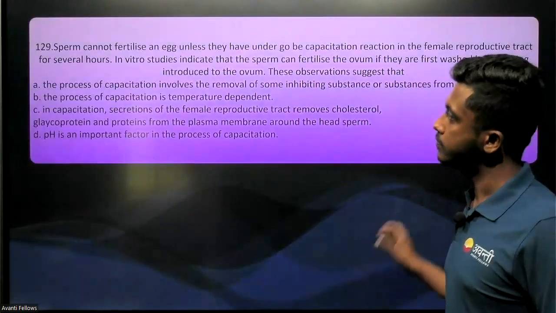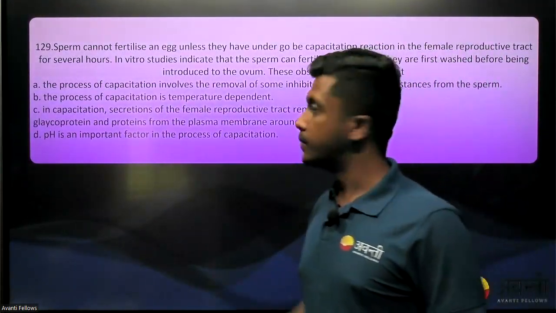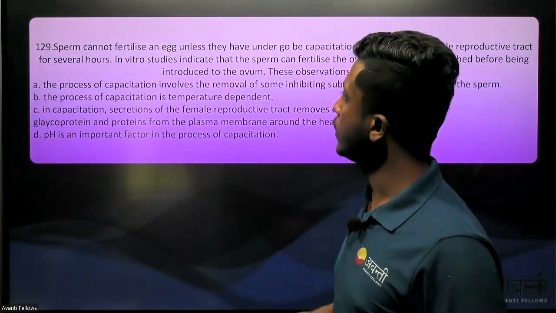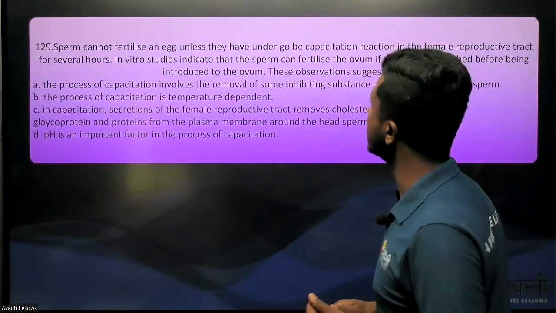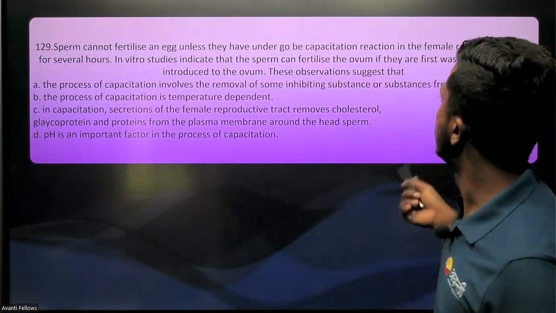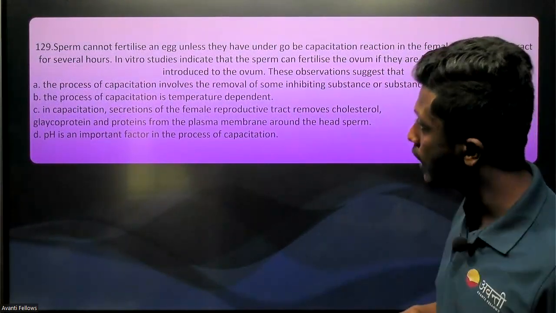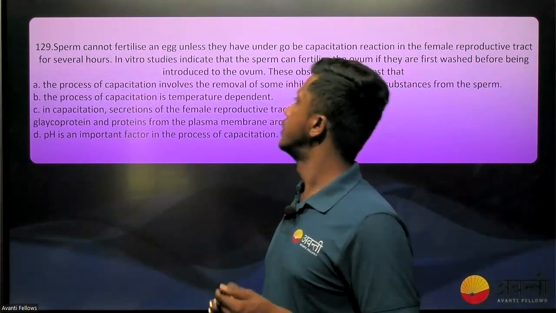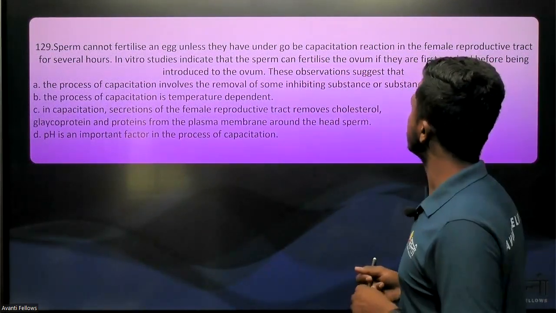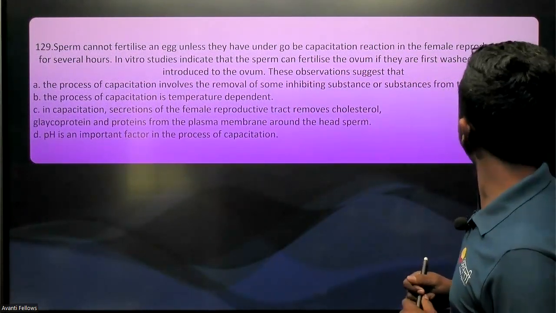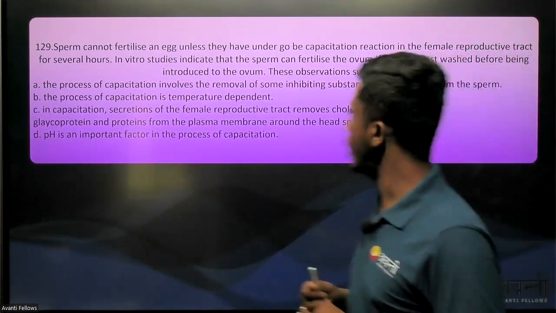Next question. We have a lot of statements to read. Question number 129. Sperms cannot fertilize an egg unless they have undergone capacitation reaction in the female reproductive tract for several hours. In vitro studies indicate that the sperms can fertilize the ovum if they are first washed before being introduced to the ovum.